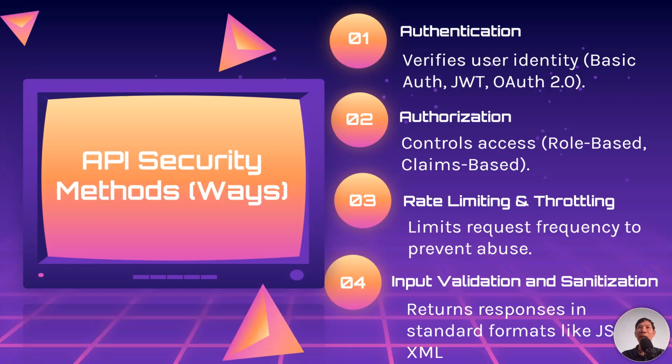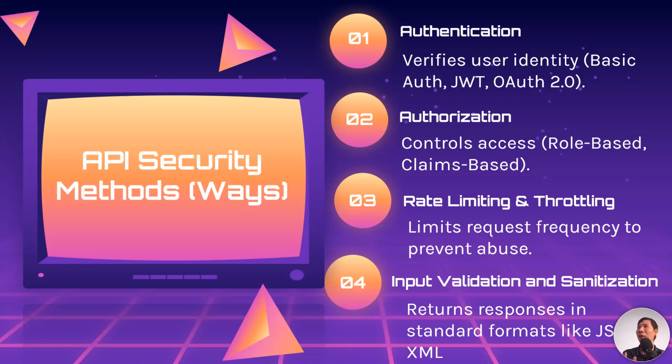Alright, let us take a closer look at the API security methods. Number one is authentication. For API security, we can use an authentication approach.